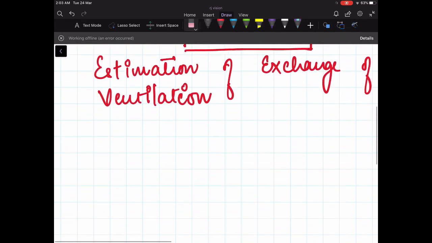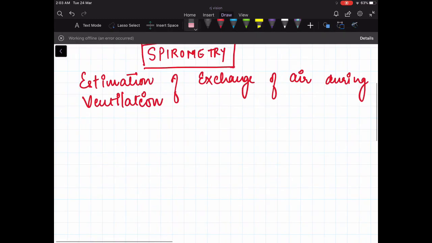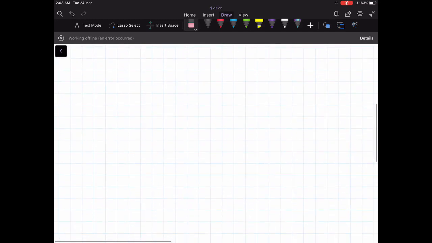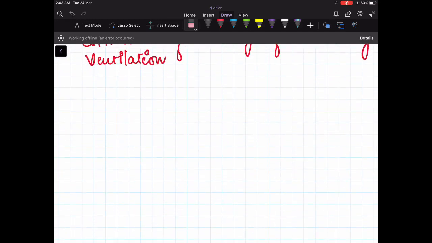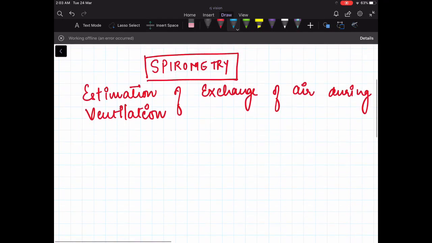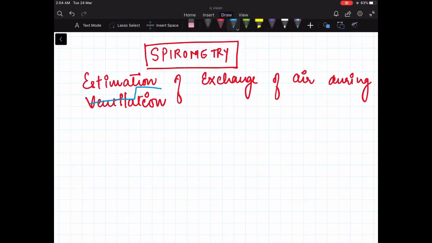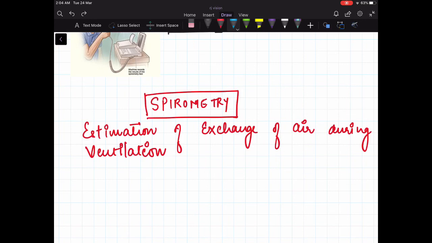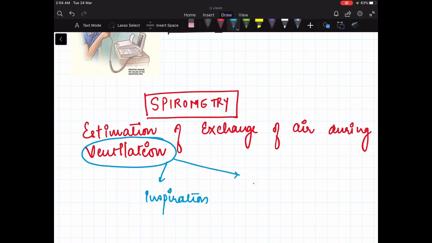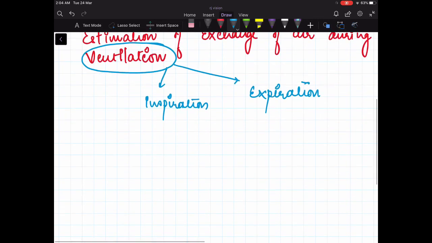So, before that, we need to know certain important concepts. Obviously, we know what ventilation means. Ventilation means the exchange of gases. This ventilation could either be inspiration or expiration.